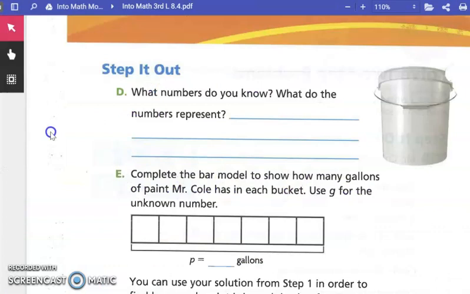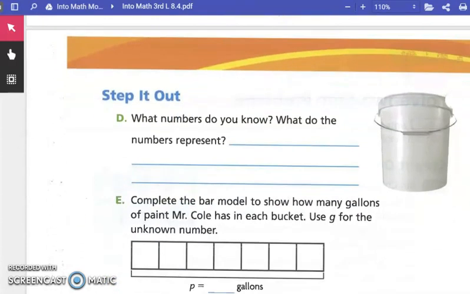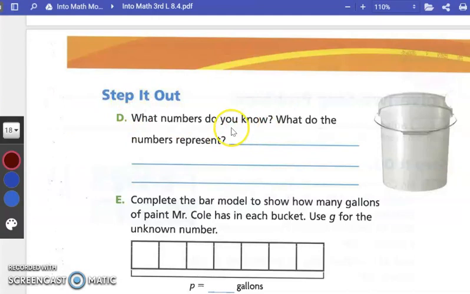Okay, we are so good that we already did this part, but we're going to go ahead and put it in here. It says, what number do you know? We know that we have 35 and 7, right? So we're going to write 35 and 7 right here.